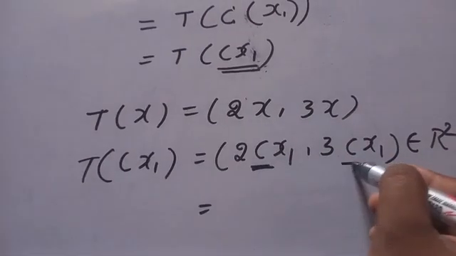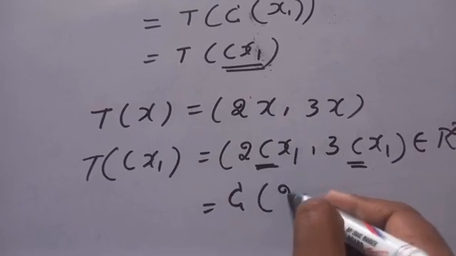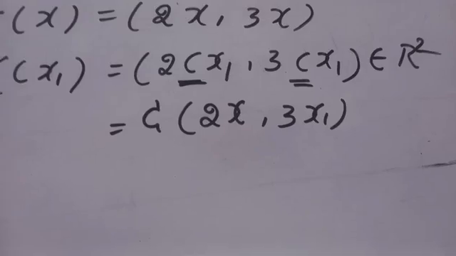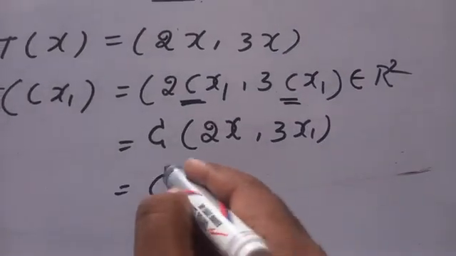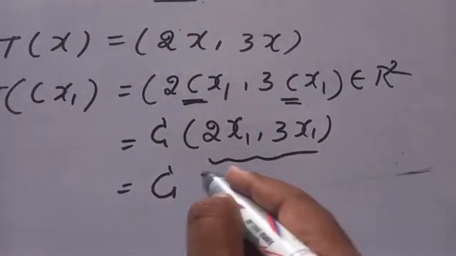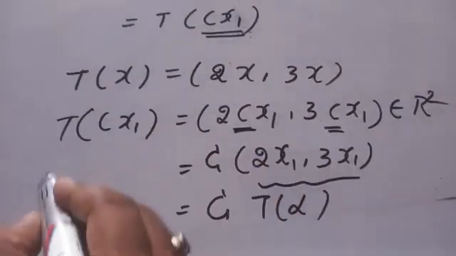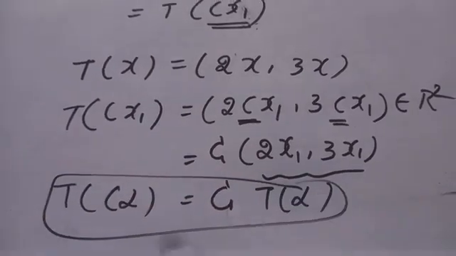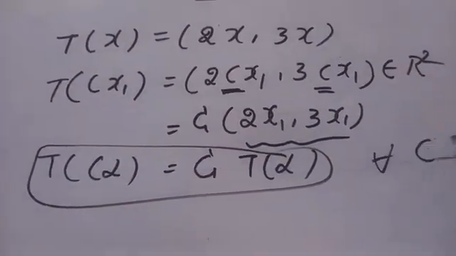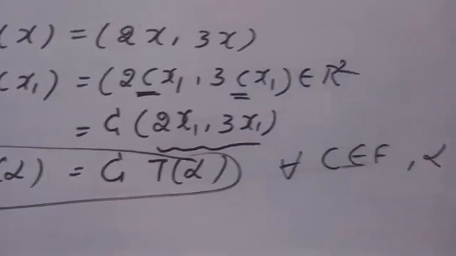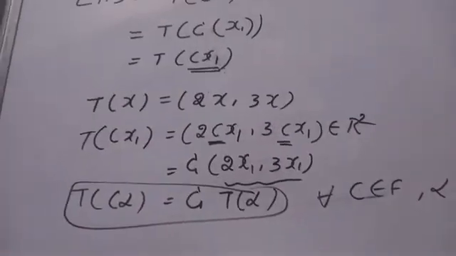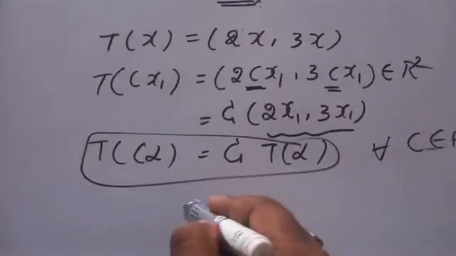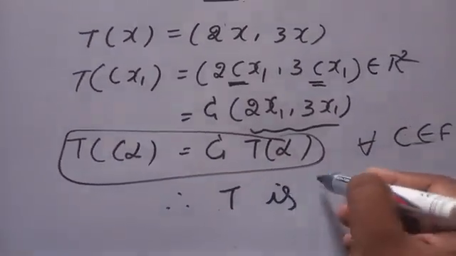So c is common: c times (2x1, 3x1) is equal to c times T of alpha. So T of c alpha is equal to c times T of alpha. So LHS equals RHS for all c belonging to F and alpha belonging to V. So T is closed under scalar multiplication. So the two conditions are satisfied, therefore T is a linear transformation.